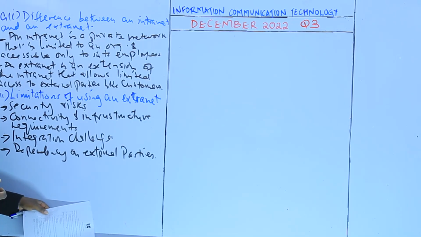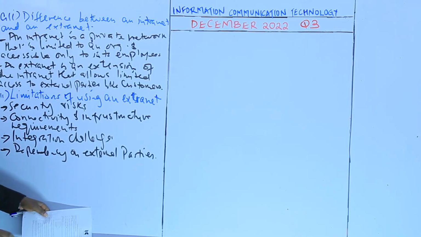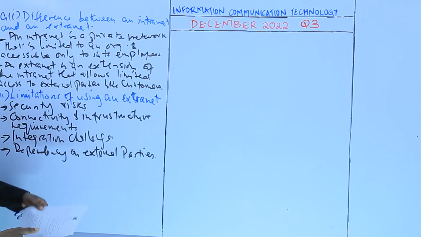And therefore, the organization's productivity and communication may be affected in such situations. So dependency on external parties can pose challenges of disruption in the operations of the business.